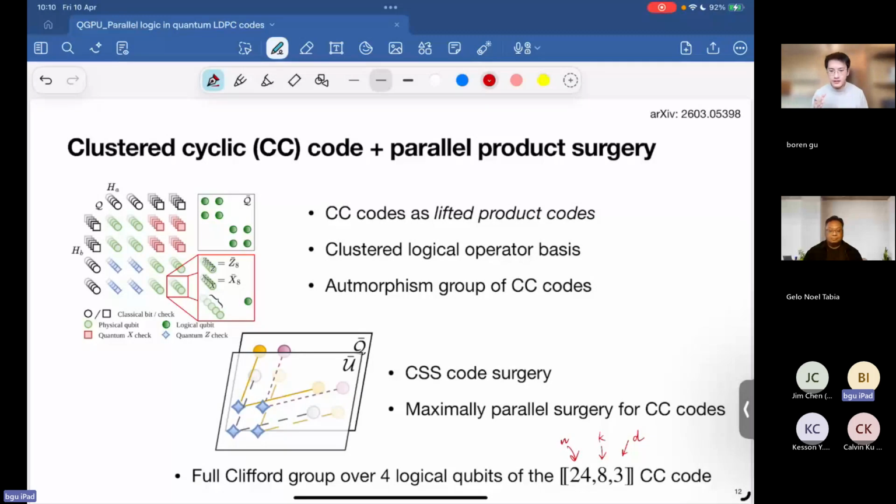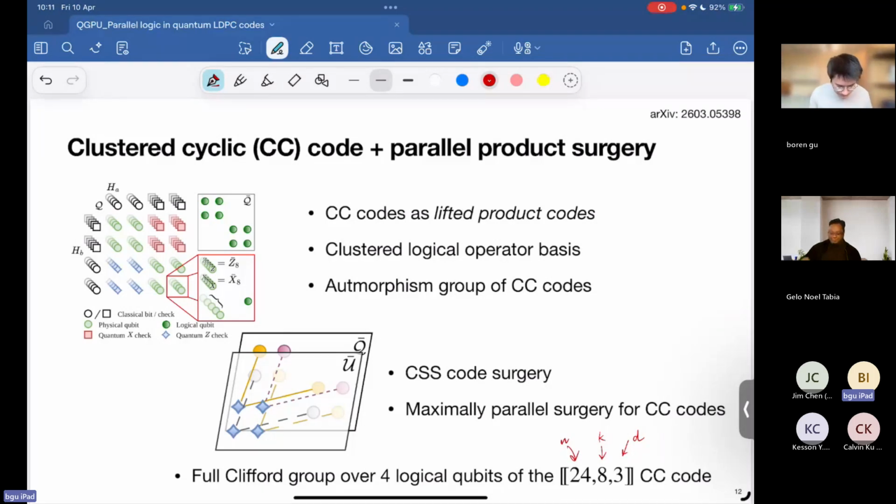So this is 24 physical qubits encoding 8 logical qubits and has distance 3. We show a full Clifford group can be realized with the automorphisms of this code and this kind of parallel product surgery scheme on 4 logical qubits while treating the other 4 as auxiliaries.